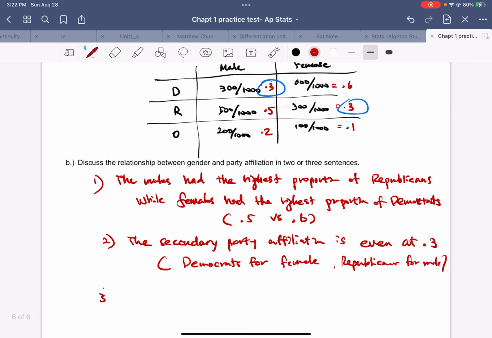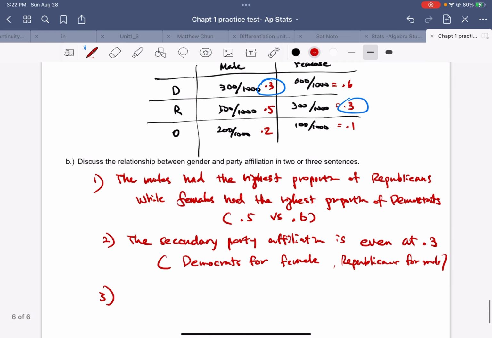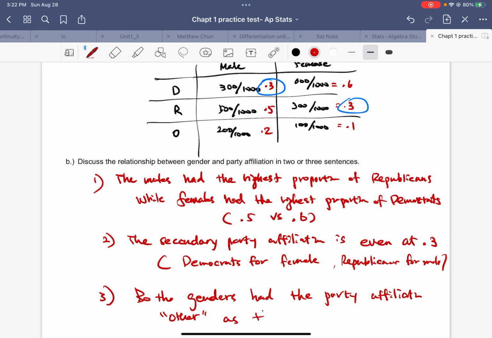Now another sentence you can make based on the data we found over there. Both genders had the party affiliation other as the lowest one. So you can say both genders had the party affiliation other as the lowest proportion.